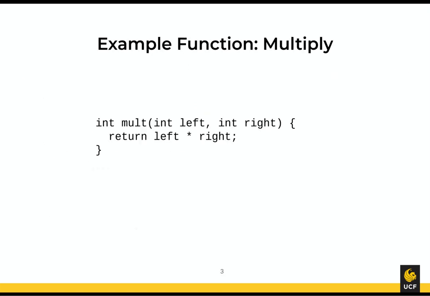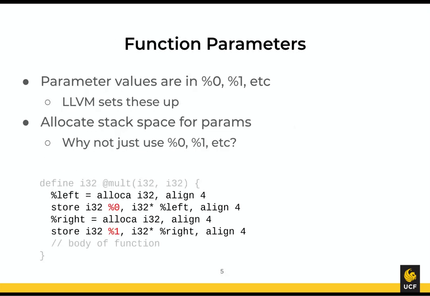There are certainly cases where you wouldn't need to, and you could optimize, but LLVM will do that optimization for you. So I'm recommending that you always create stack allocations for your parameters coming in, just like you do for local variables. If you have 2 parameters, you create a stack allocation for each, and then instead of storing nothing, which is what we do for local variables, store the value of the parameters into that address.